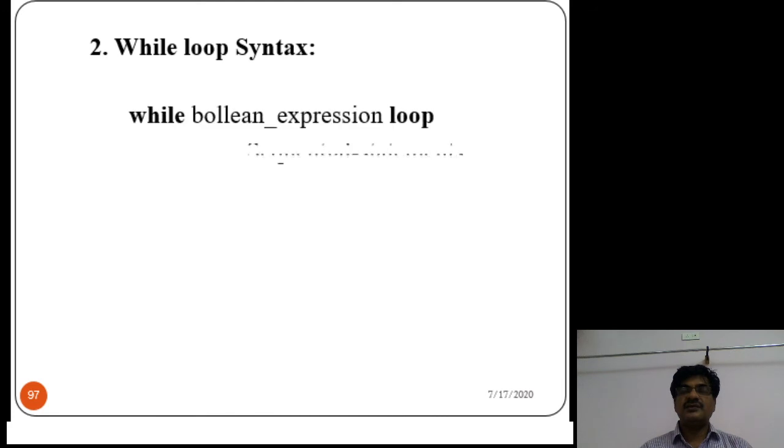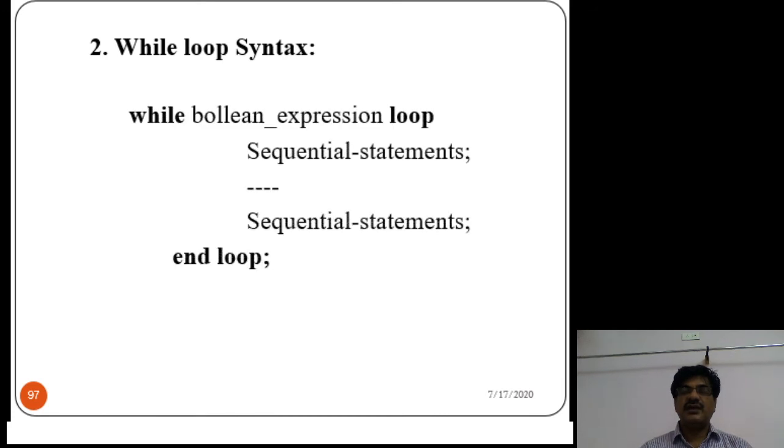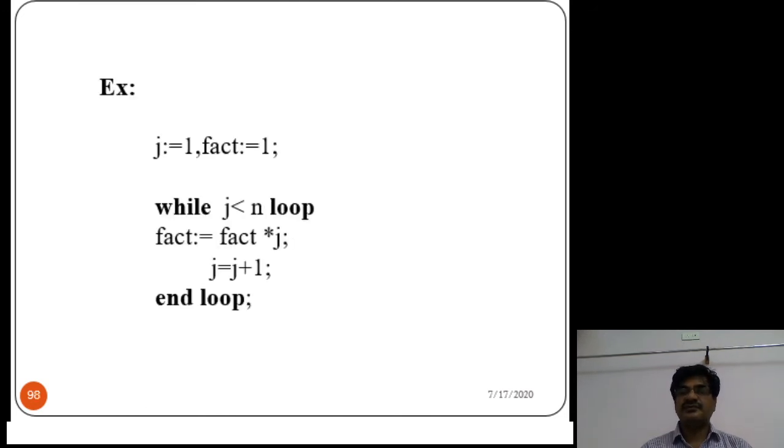Coming to while loops, the syntax of the while loop is like this: while boolean expression loop, and end loop. While this expression is true, while the condition is satisfied, the sequential statements are executed. Here is one example to find the factorial again.